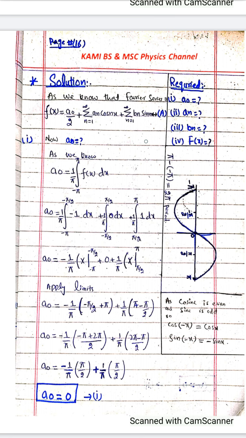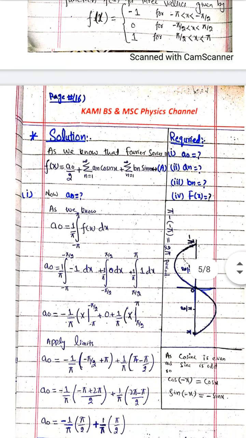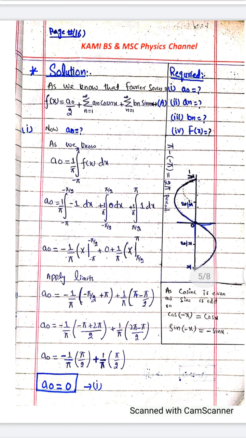Why do we take the limit minus pi to pi in this problem? We know that in the question the limit starts from minus pi to pi. There are three functions and their limits are different, so the total period of this function is 2 pi.